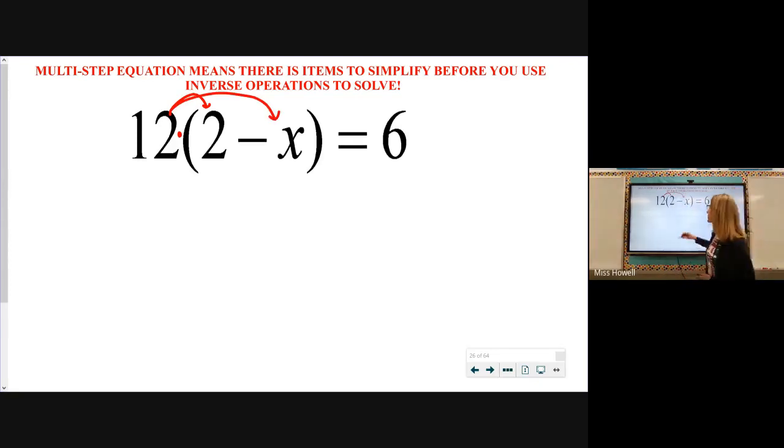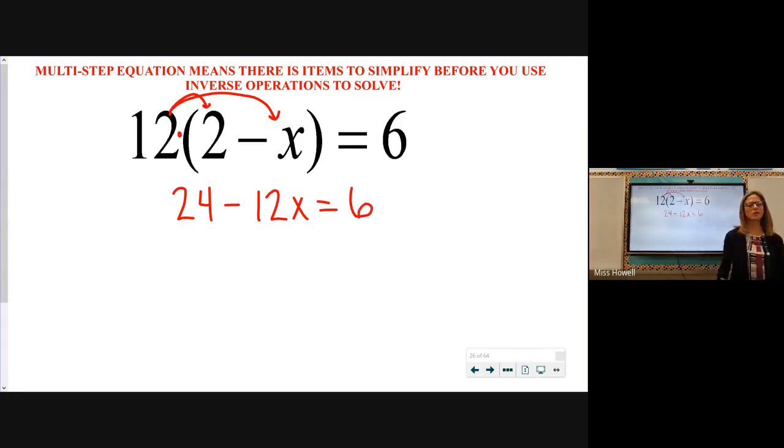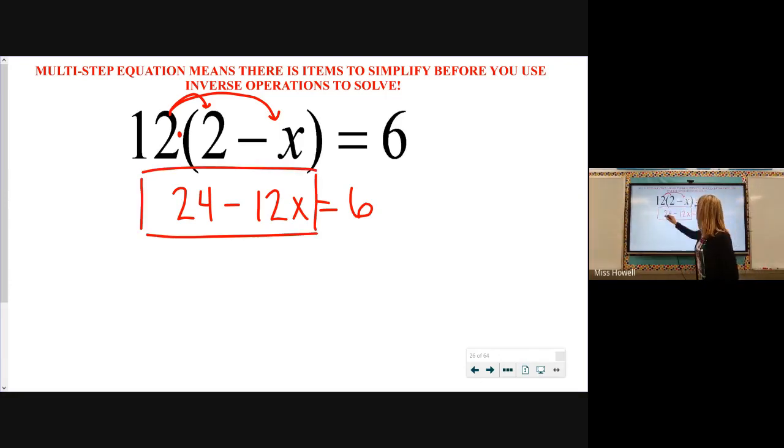And we ended up with 24 minus 12x equals 6. And then since there were no like terms at this point, we said, all right, we're back to a two-step problem. Inside our box over here, we have a positive 24 we need to remove. And we have a multiplying by negative 12, which is going to require two inverse operations to help us solve.